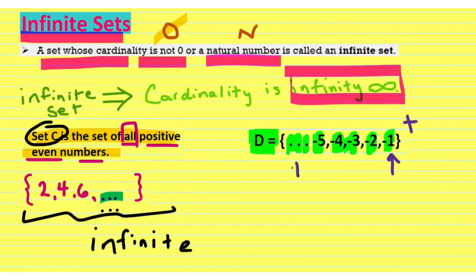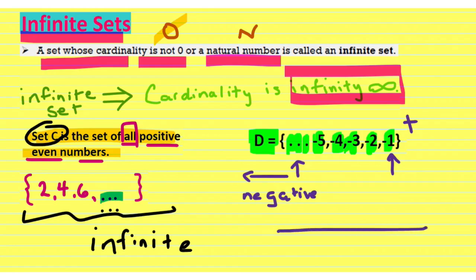However, on the front end, going this direction, it is going to go on forever in a negative direction. That is not how you spell negative. So the negative direction, the dot, dot, dot, the ellipsis, means it's going to go on forever.